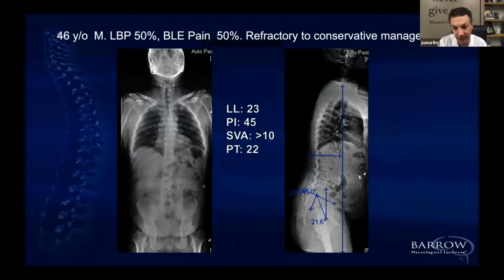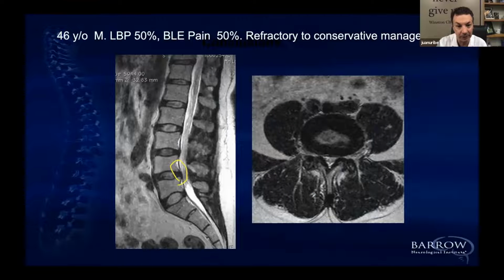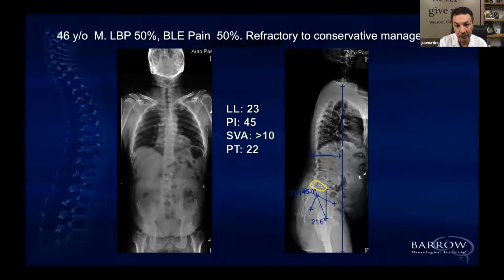He has a grade 1 spondy at 4-5. Everything else was normal. The MRI looks amazing, by the way. And out of balance: lumbar lordosis 23, pelvic incidence 45, so he's losing at least 10 to 15 degrees of lordosis, to be on the conservative side.